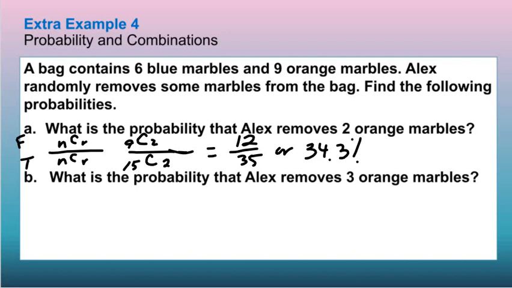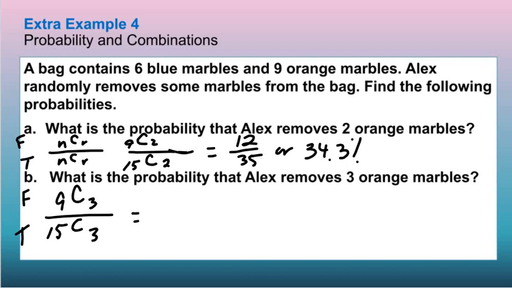Next part is what is the probability he removes 3 orange marbles. So favorable are the 9 marbles, 9 orange ones. He is removing 3. And on the bottom is the total, which he only has a total of 15 marbles, but he's only removing 3 out of them.